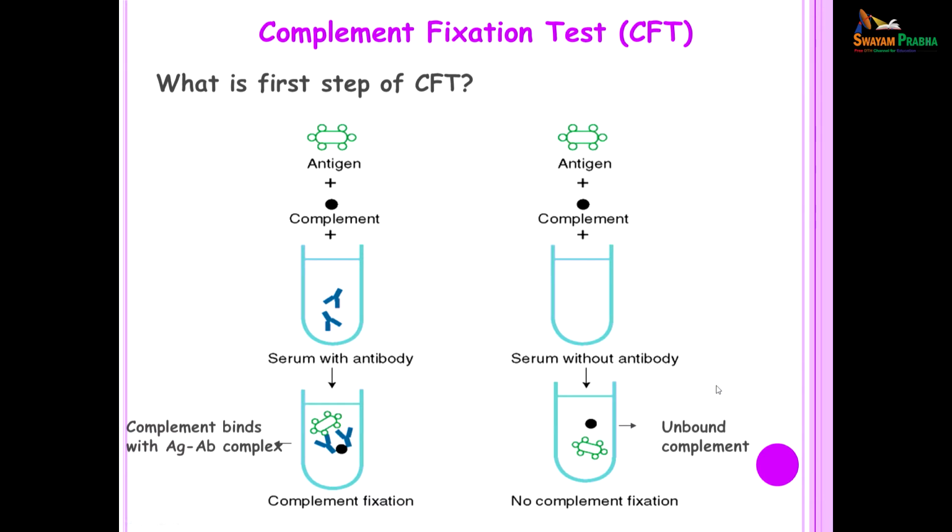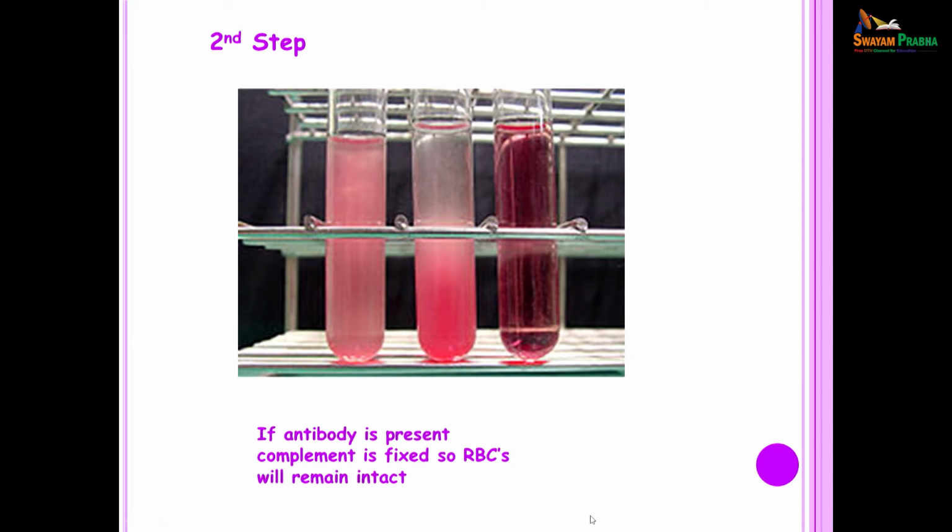So, then we add sheep RBCs with amboceptor. If antibody is present, complement is fixed, the RBCs will remain intact and therefore, no hemolysis indicates a positive test.